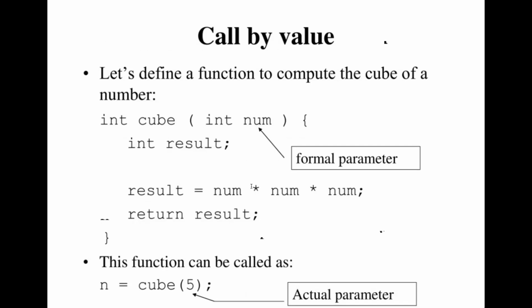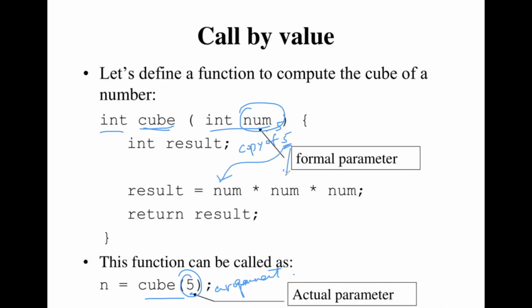Let's look at this call by value example. We have a function signature that takes an integer argument, which returns an integer. This is also what we call a formal parameter. This 5, when we invoke this function, is what we call an argument. The other name for it is actual parameter. So when we send this 5 into this function to invoke it, this function takes 5 and makes a copy of it as num, and the result becomes 125.